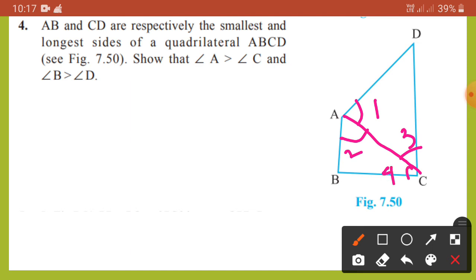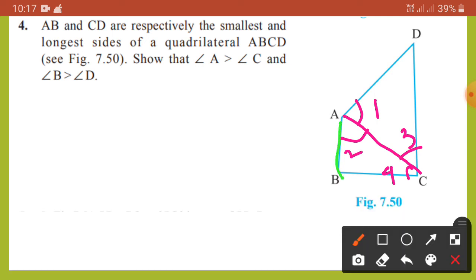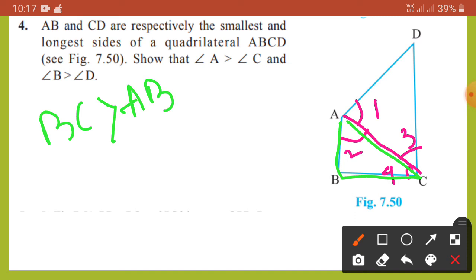In triangle ABC, BC is greater than AB, because AB is the shortest side in the question. So angle 2 is greater than angle 4, as the angle opposite to the longer side is greater.